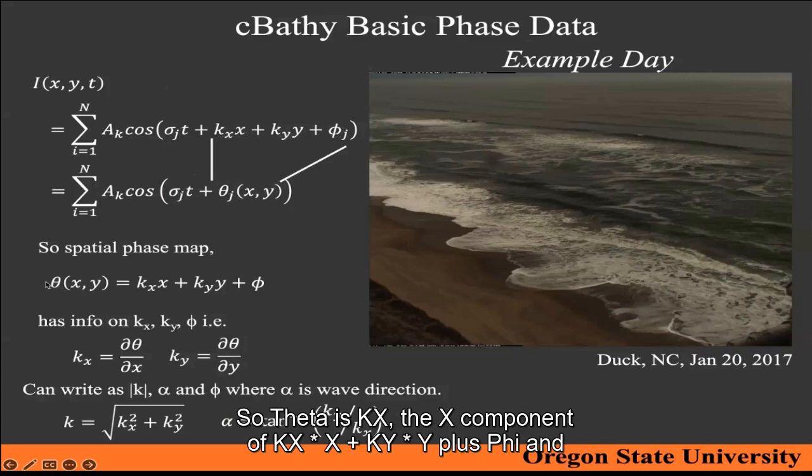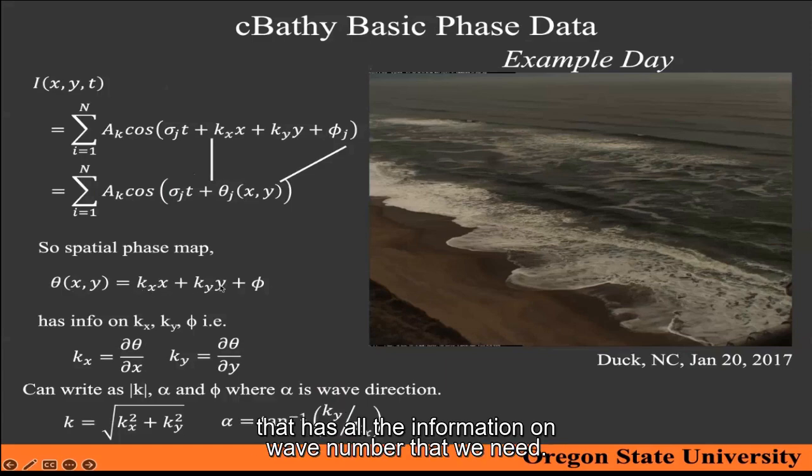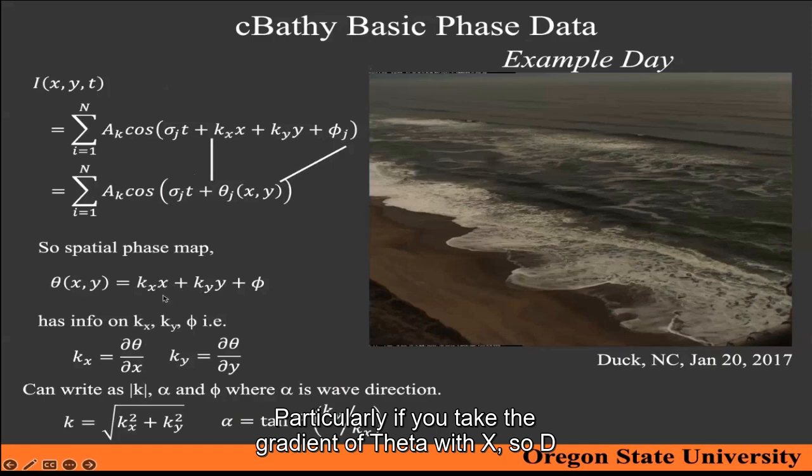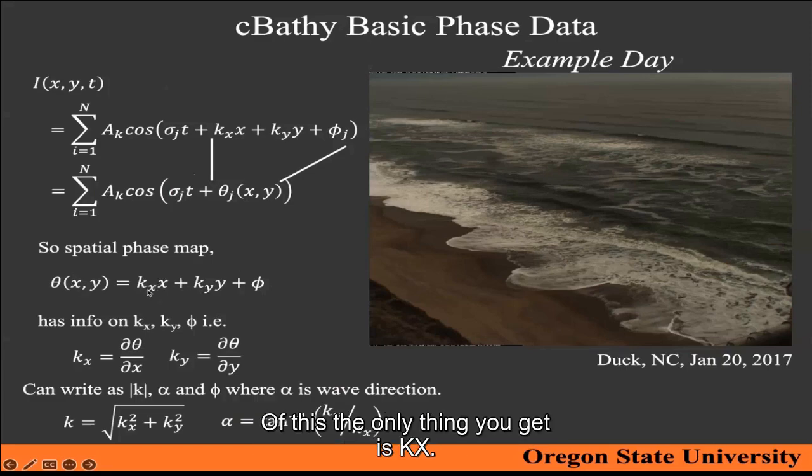So theta is kx, the x component of k, times x, plus ky times y, plus phi. And that has all the information on wave number that we need, particularly if you take the gradient of theta with x, so d by dx of this, the only thing you get is kx.